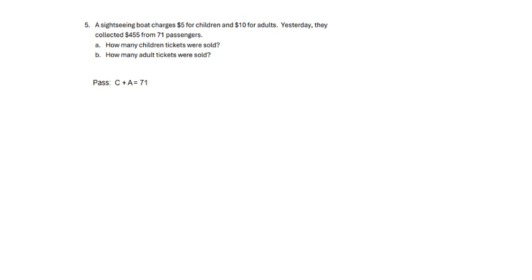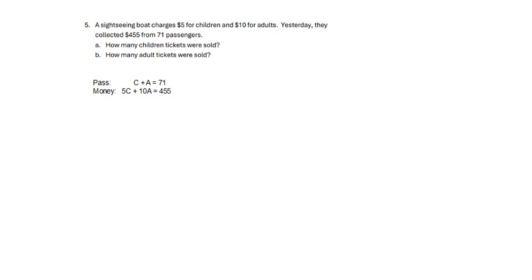And now for one of my favorite things, money, what we end up getting is 5C plus 10A equals 455. Just like this. Okay. Well, what I like to do is keep doing what we've been doing.